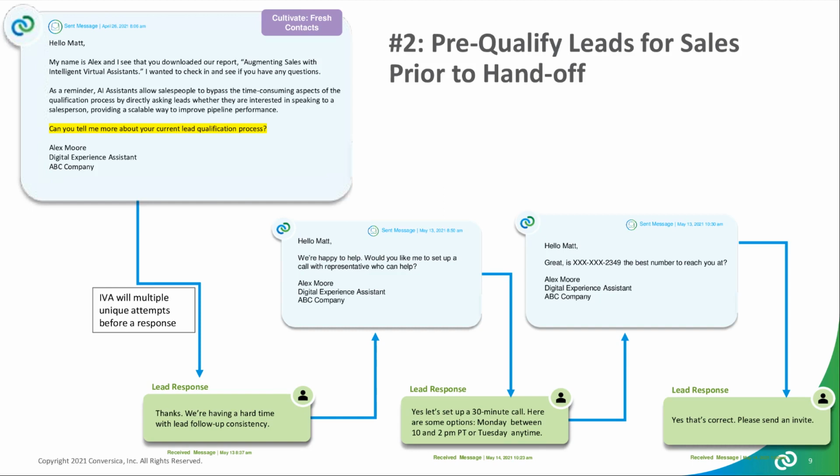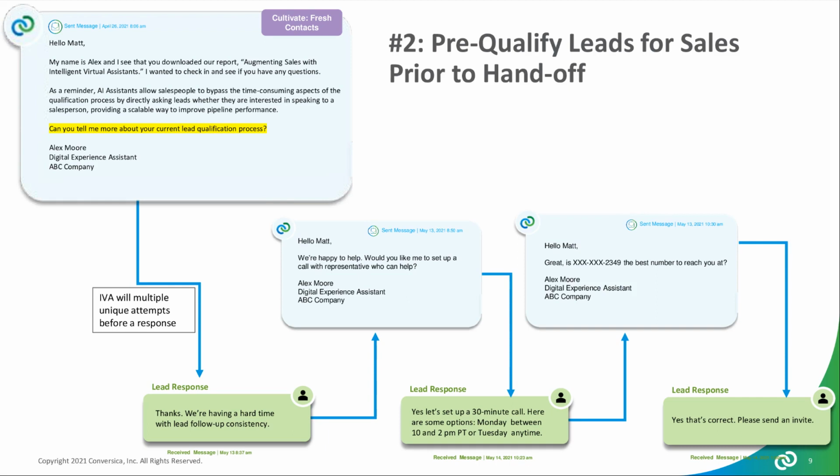And the lead responds and says, thanks, we're having a hard time with lead follow-up consistency. The AI assistant responds and offers up that we can help and that we'd love to set up time with a representative. The lead responds that they would like a call and gives some time options. The AI assistant can verify that the phone number we have is the best number to reach them at.